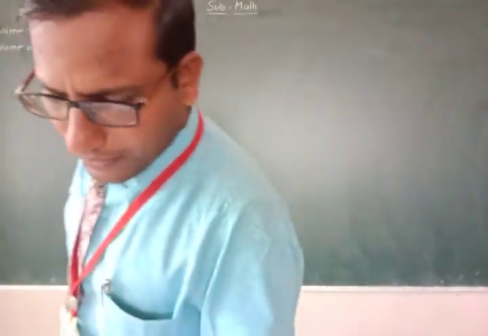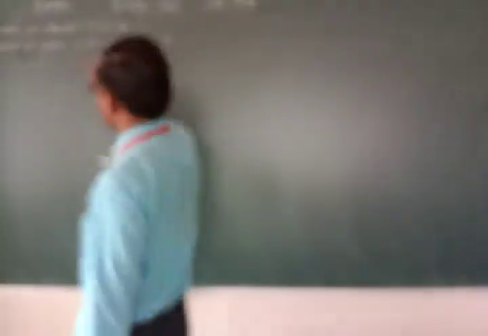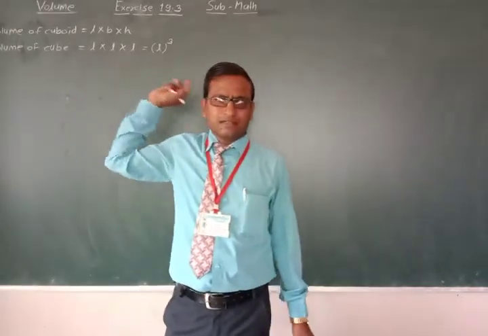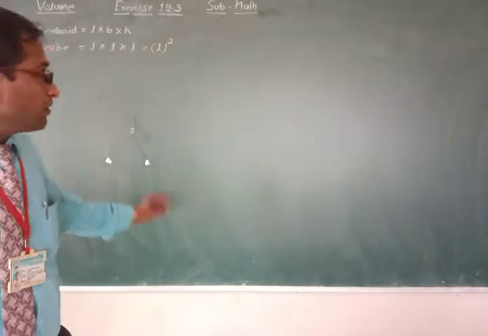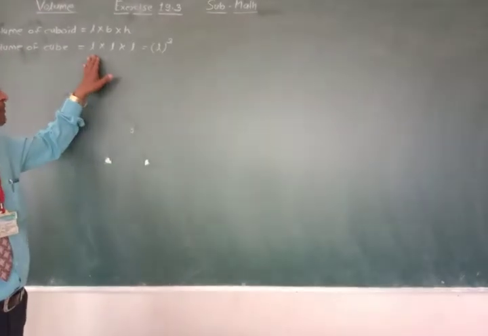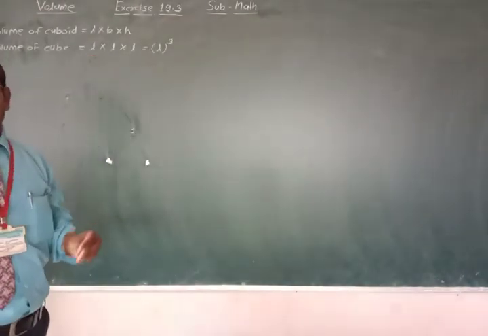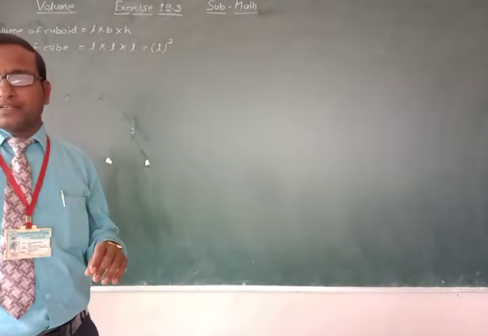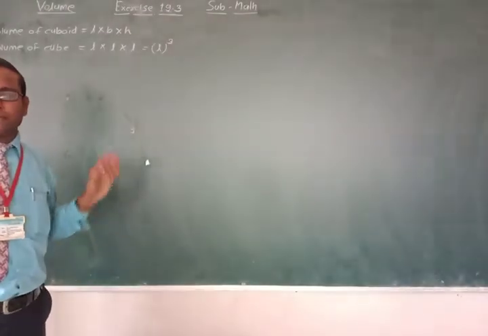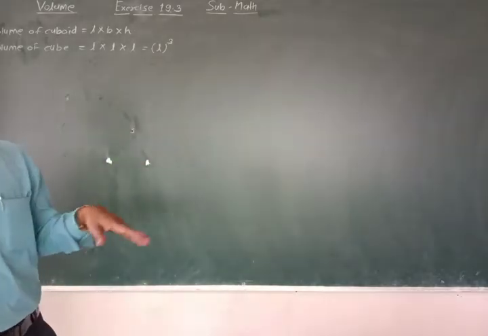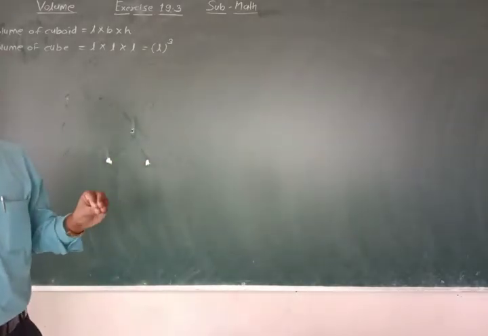Then find the volume of cube. In the volume of cube, only the length of the edge is given. For example, you take 5 centimeter. So 5 multiplied by 5 multiplied by 5. 5 5s are 25, 25 5s are 125.